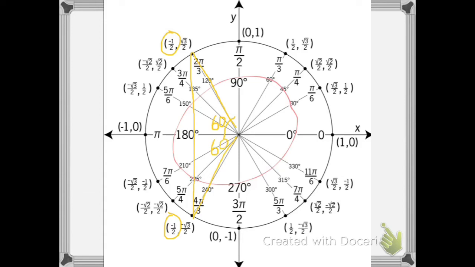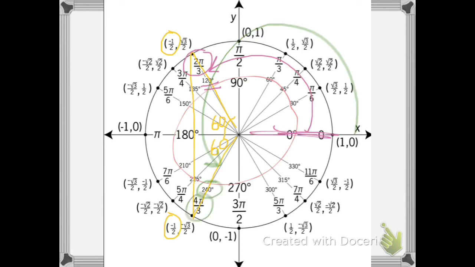So the reference angle is 60, but the angle measure starting from 0, you have to swing over 120 degrees to get there, or 2 pi over 3. And the other one, to get to that, we have to start from 0 again, and swing all the way to here. In that case, 240 degrees, or 4 pi over 3. So 2 pi over 3, 4 pi over 3.